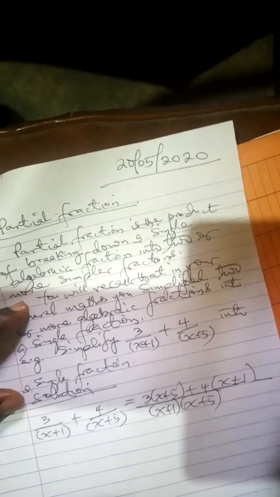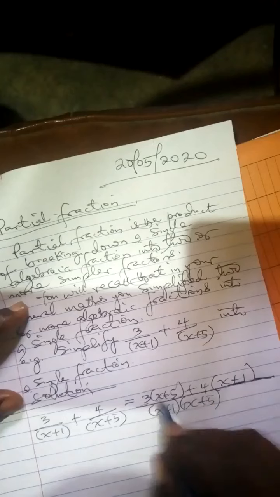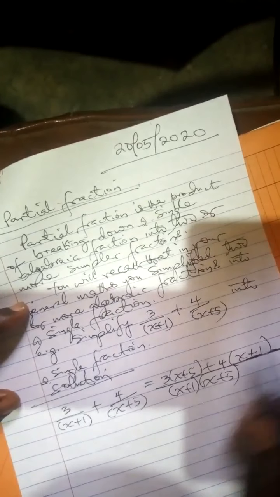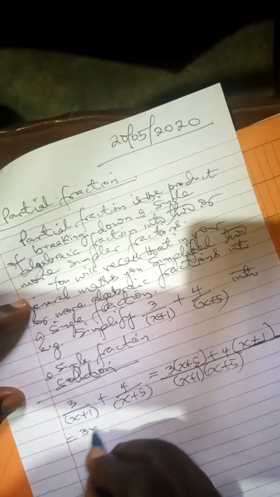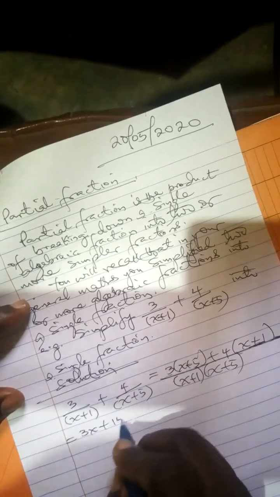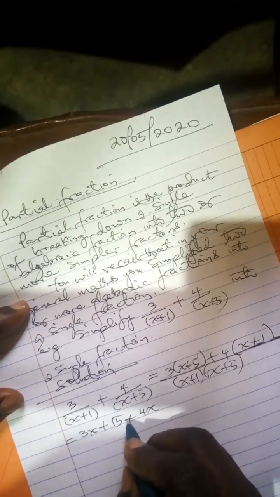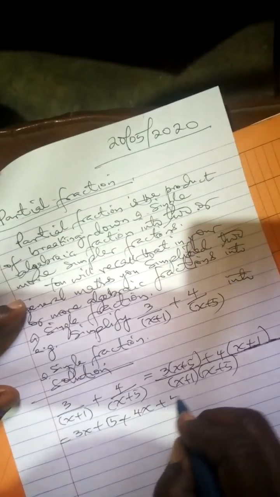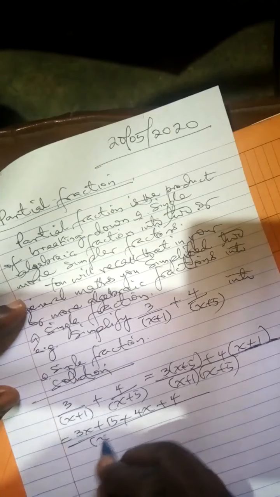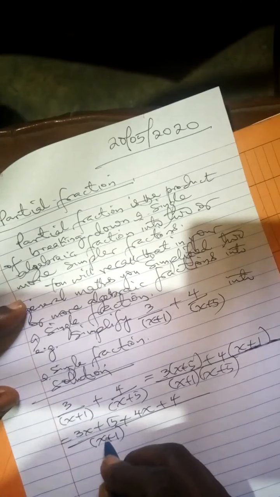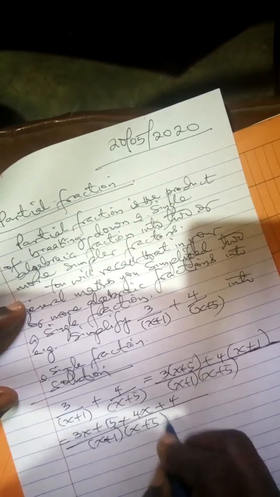The next step now is to expand the numerator. Expanding the numerator, you have 3 times x, 3x. 3 times 5, 15. 4 times x, 4x. 4 times 1, 4, over x plus 1 into x plus 5.